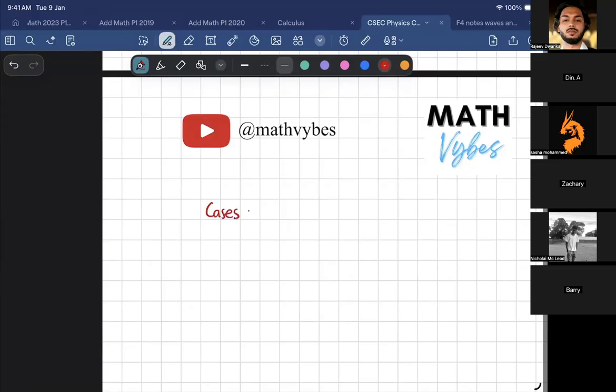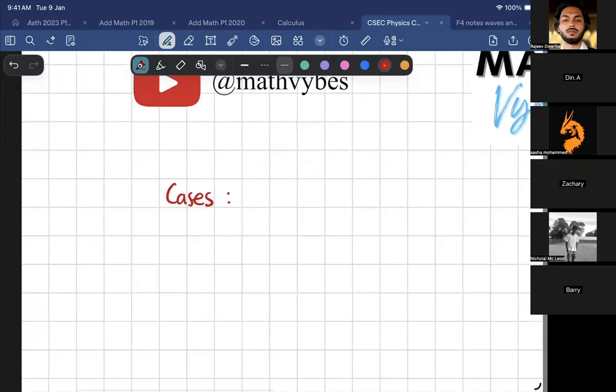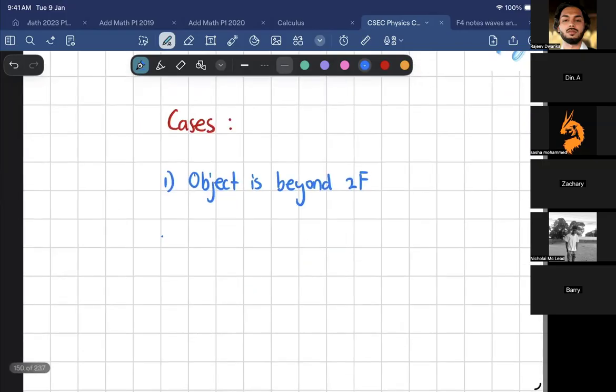So we have a couple cases, right? These are the cases. Number one, your object is beyond 2f. That's one case.